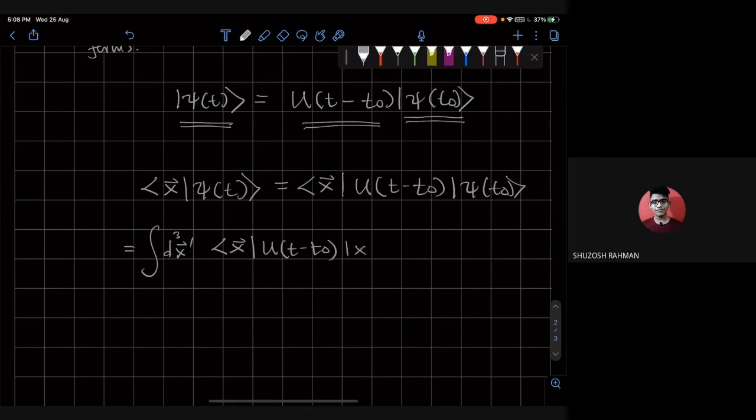So here we have x prime, so we have x prime psi of t0.